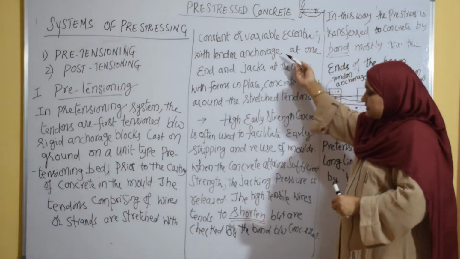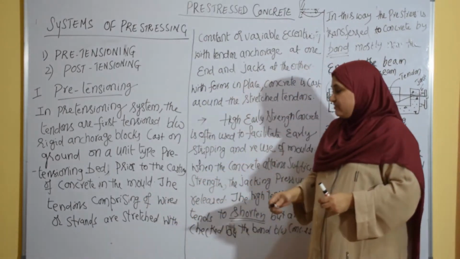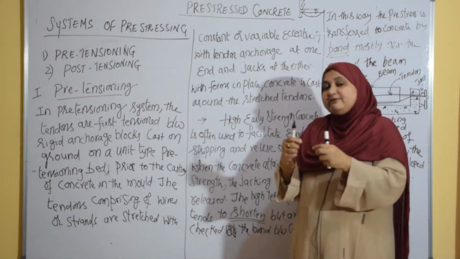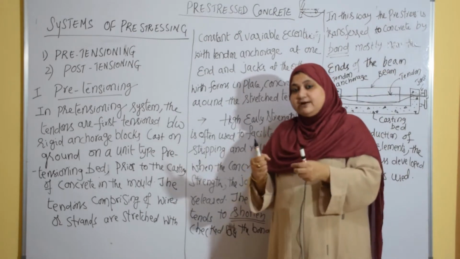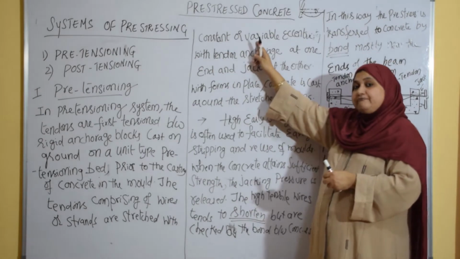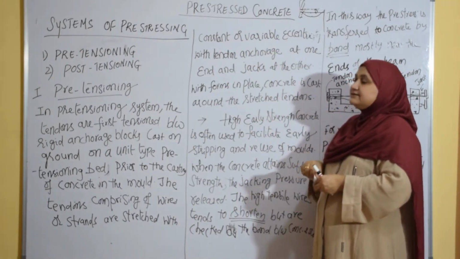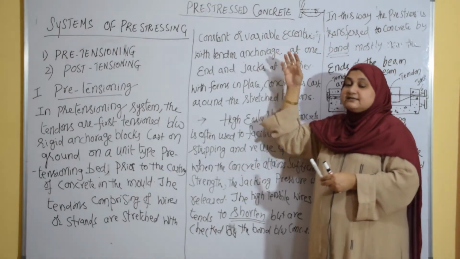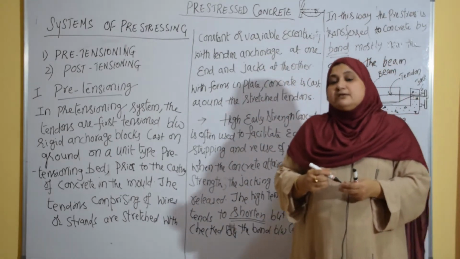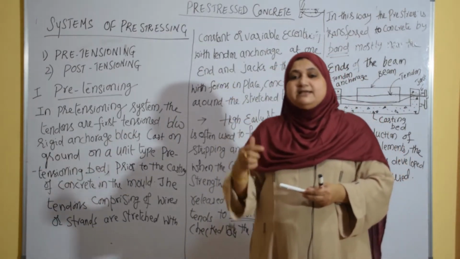The tendons comprising either wires or strands, a bunch of thin wires, will be stretched with either constant or variable eccentricity with the tendon anchorages. These are the ways you can give the pre-stress.